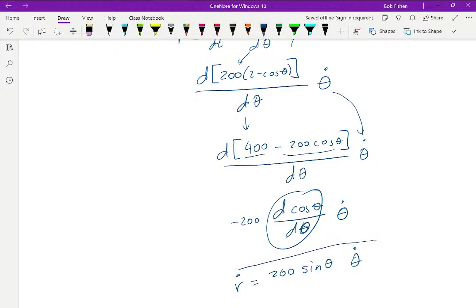Some people might feel more comfortable putting this term in front of that term, and if you are, then that's maybe better as far as just looking at it, aesthetics.